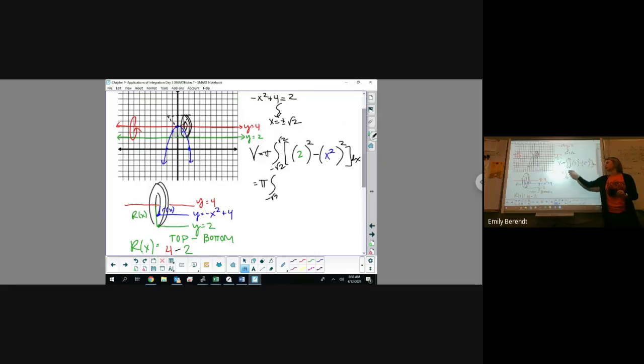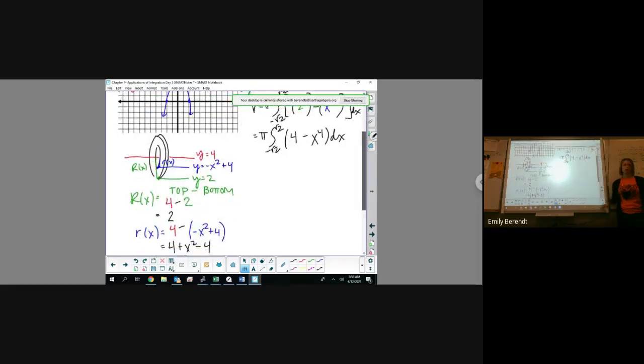Pi from negative root 2 to root 2, and the function we will actually integrate is 4 minus x to the 4th. Pi times 4x minus x to the 5th over 5, all those power rules, from negative root 2 to root 2.